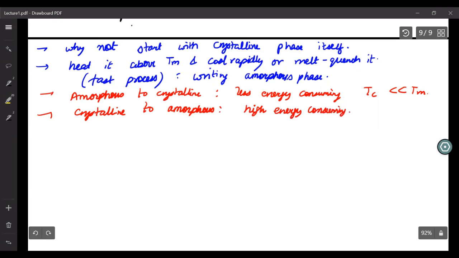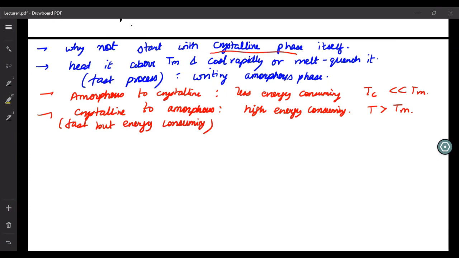Why? Because you have to heat it to a temperature beyond this melting point and then quench it fast. However, this is very fast, but energy consuming. So if you start with a crystalline phase in your optical discs, you can do this writing very fast, but at the same time, it will consume a lot of energy.